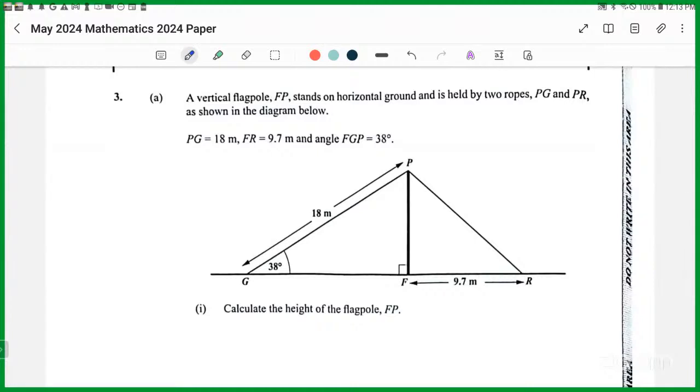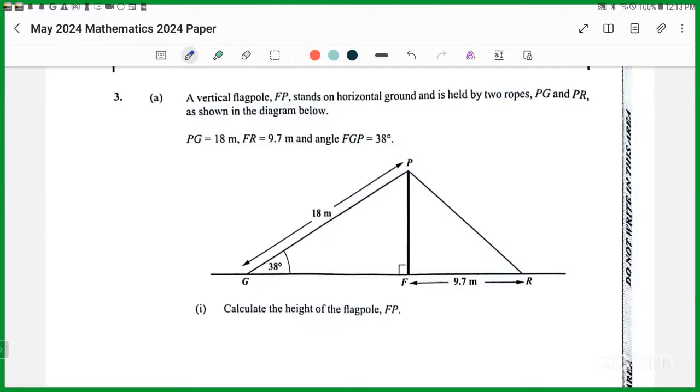Then we're going to look at some of the application topics. We'll use a right angle triangle, which is angle of elevation and depression. We're also going to look at the application topic for the use of sine rule and cosine rule, which is bearings. And we're also going to look at some 3 dimensional situations in trigonometry. All right, so now we're just focusing on right angle triangles.